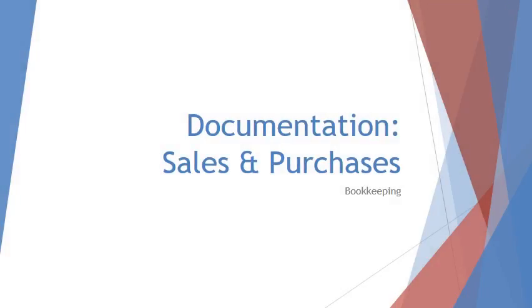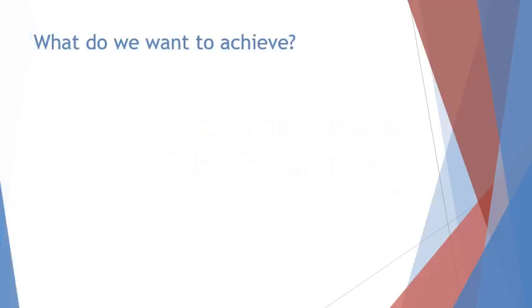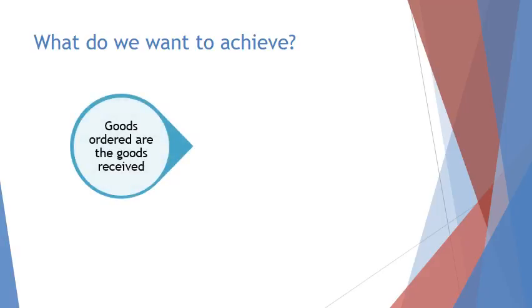In this video, we're going to look at some of the documentation relating to sales and purchases of goods or services. We'll start off by thinking about what it is that we want to achieve when a business either sells goods or purchases goods from another business. Well, to make sure that the goods that have been ordered are the goods that have been received.